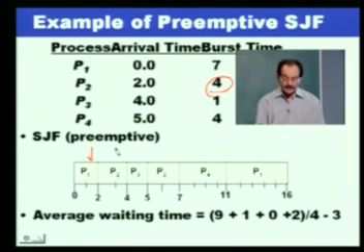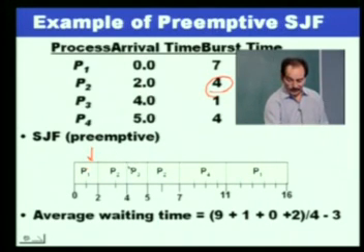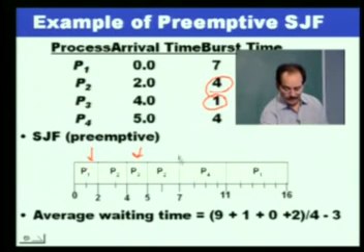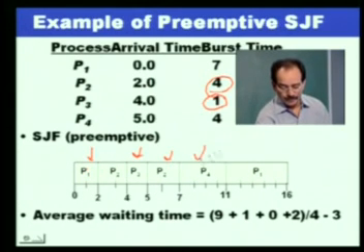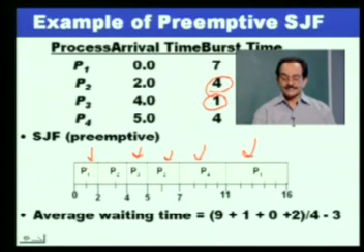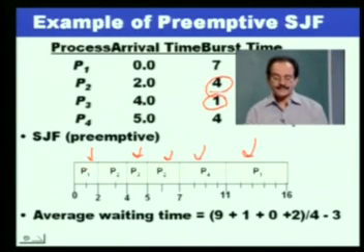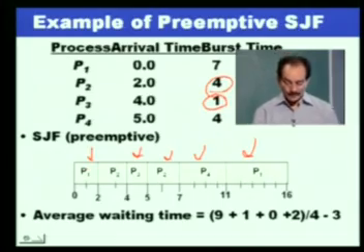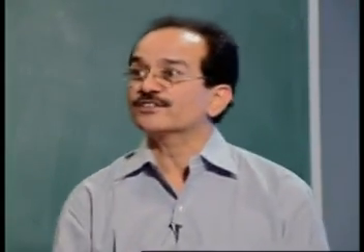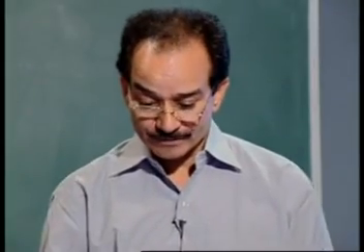Then since P3 comes, and it requires only 1 unit of time, P3 will be executing. Afterwards P2 will again come for execution, then P4, and at the last it will be P1. So this is what happens in case of preemptive scheduling. This is the average waiting time in case I go for this sort of scheduling.